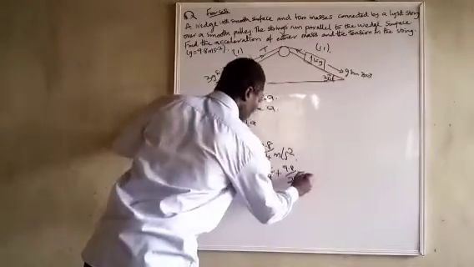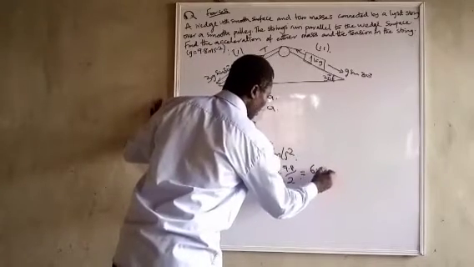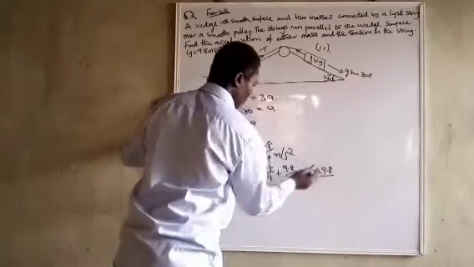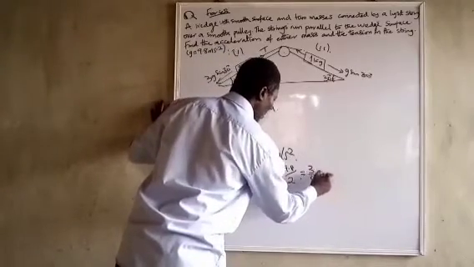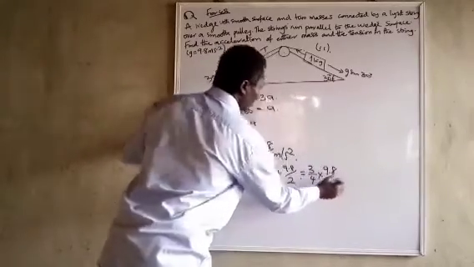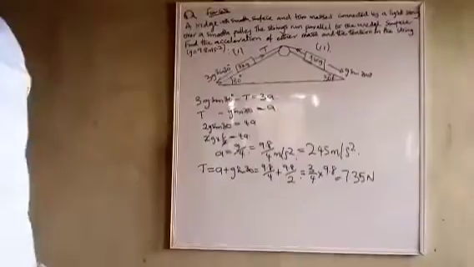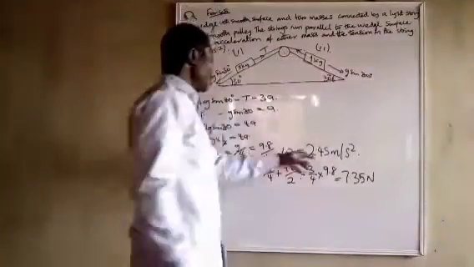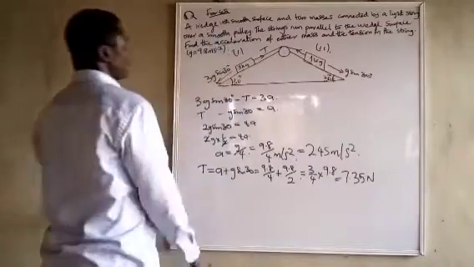So that will be 3 over 4 times 9.8. So you can see a is 2.45 meters per second squared, and the tension is 7.35 Newton.